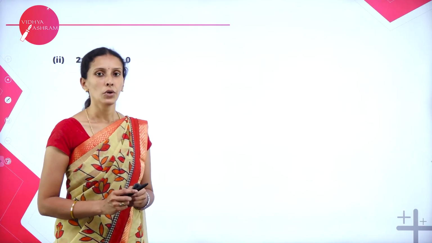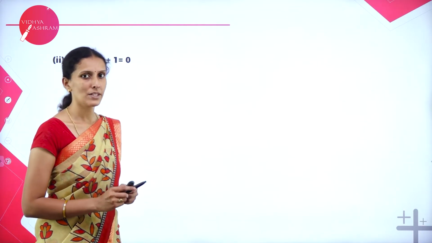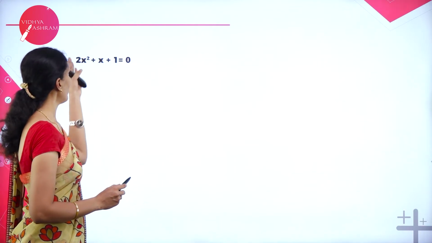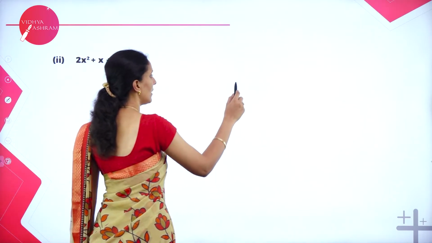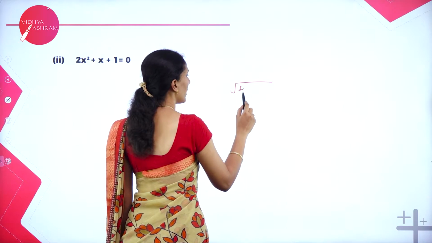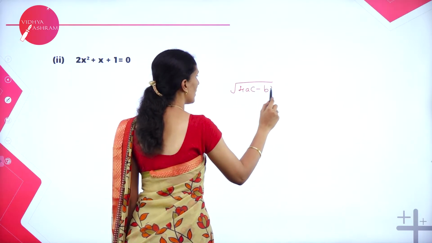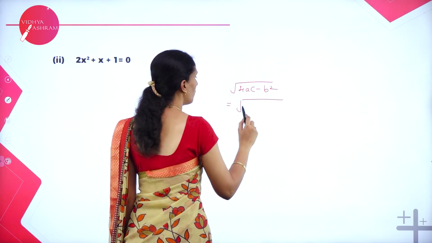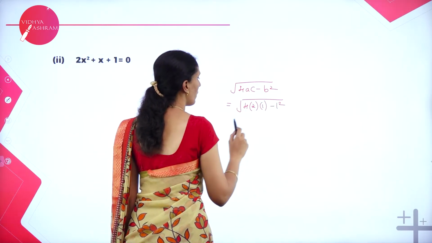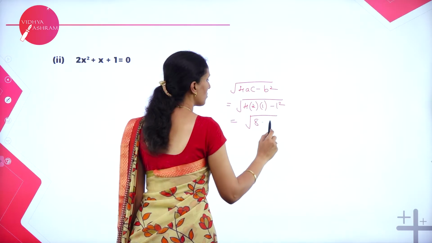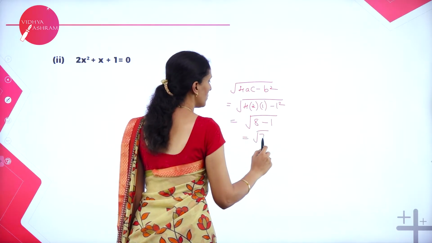Next we have 2x square plus x plus 1 is equal to 0. So whenever this kind of equation exists, first find the discriminant, that is root of 4ac minus b square. Just find it: root of 4 into 2 into 1 minus 1 square, which is 8 minus 1, which is equal to 7.